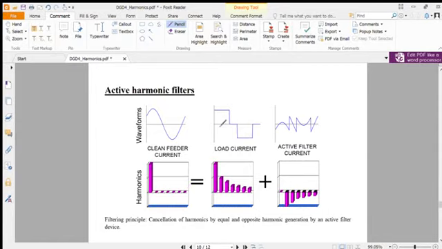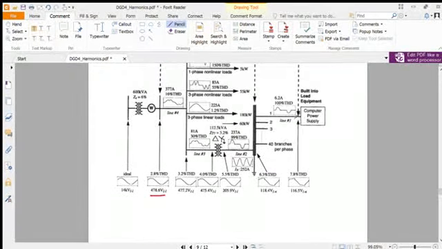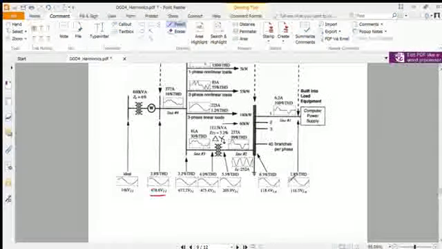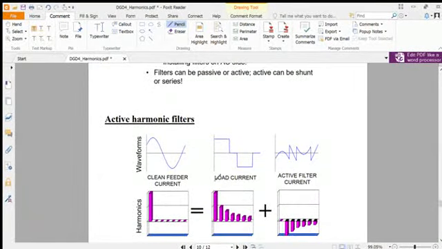Then the load current: here is our high voltage load, because the load rating is higher, so it is directly connected to this transformer, and here is another low voltage load, so once again we use a transformer. Whatever the load, we will get a distorted current like this one, with harmonic components associated: the second, third, fifth, seventh, likewise.